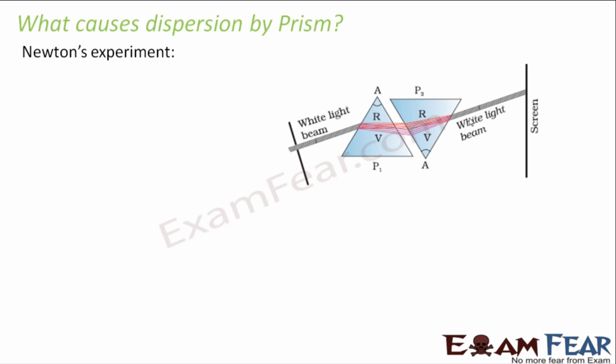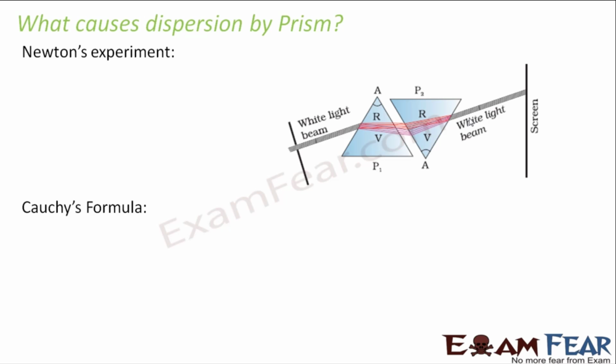But in this case, a white light beam was the output. That means there is nothing extraordinary inside the prism. It is just that as the light passes through the prism, there is some behavior of the light which takes place when it enters a different medium. So what was that different medium which caused that dispersion by prism? Let us look into that in detail.